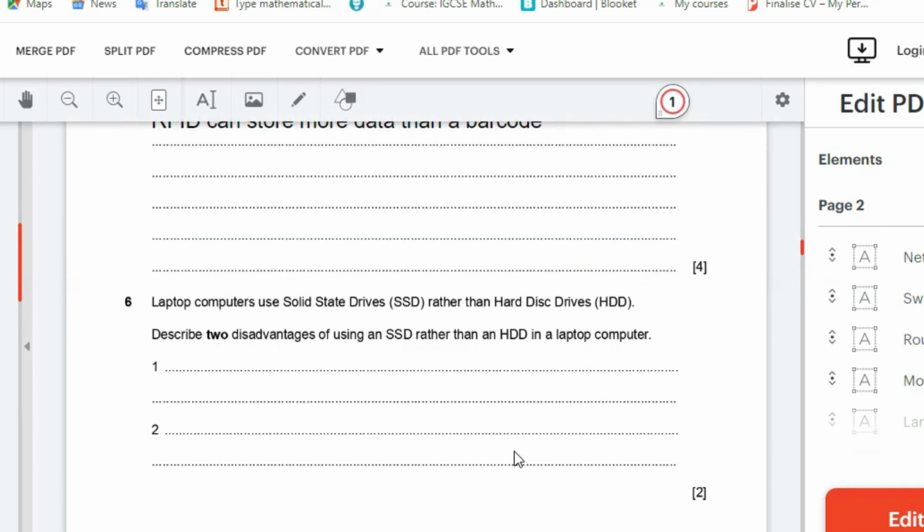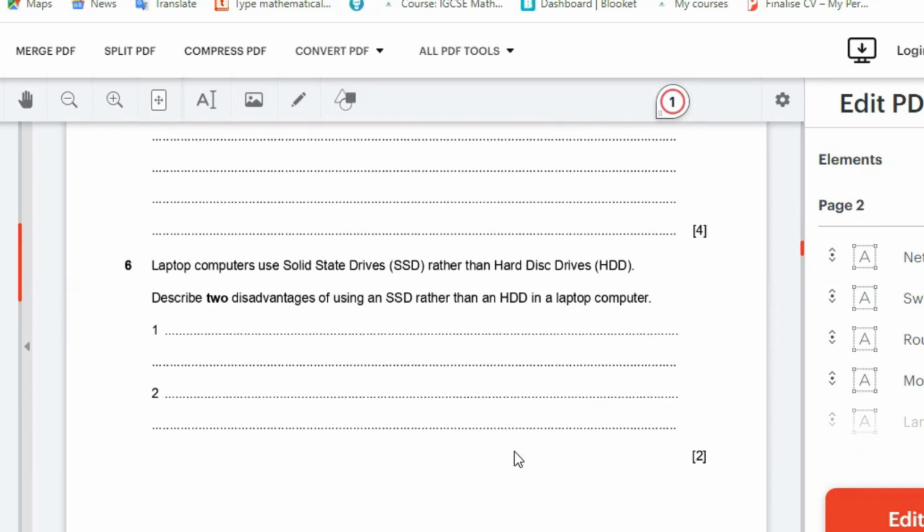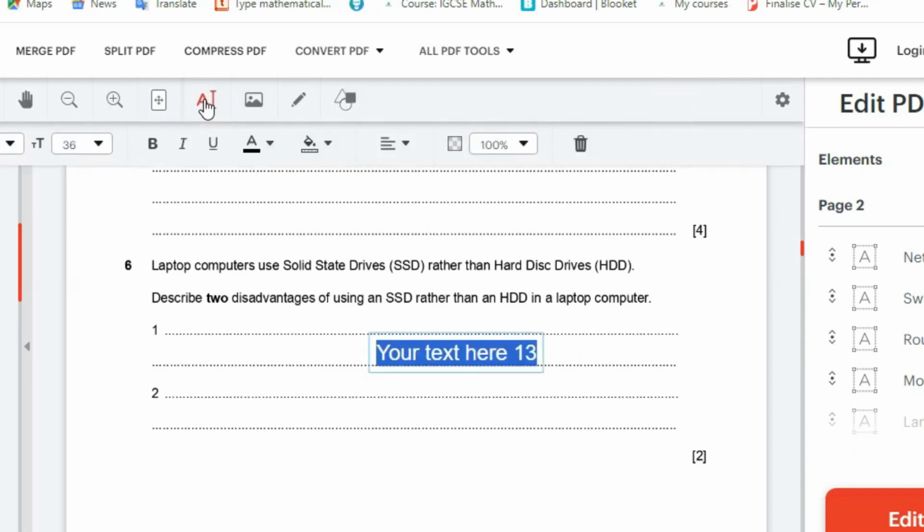Laptop computers use solid-state drives, SSD, rather than hard disk drives, HDD. Describe 2 disadvantages of using an SSD rather than an HDD in a laptop computer. So what do you think are the disadvantages of SSD to HDD?